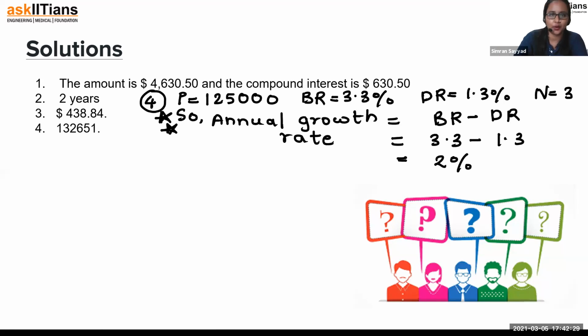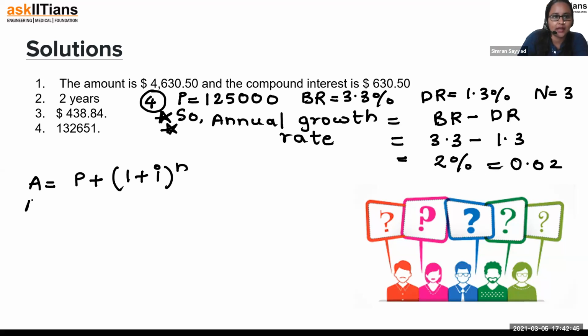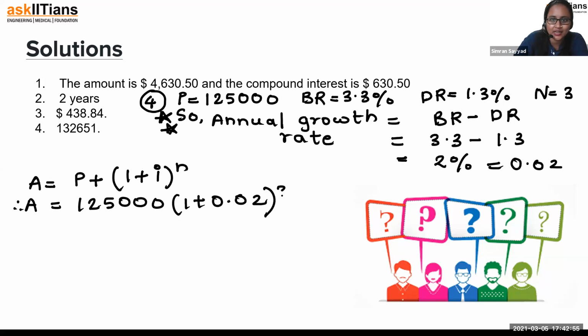Now, what are we supposed to find here? A. We have to use the A formula. A is equal to P into 1 plus i raised to n. So this becomes 0.02. Therefore, A is equal to 1,25,000 into 1 plus 0.02 raised to n, where n is 3 over here.